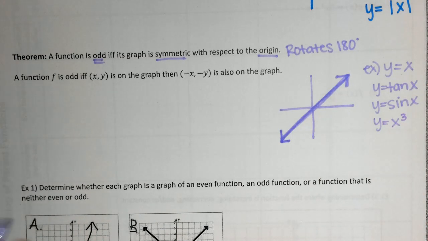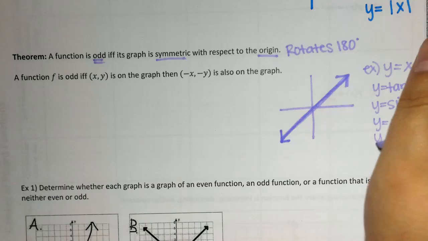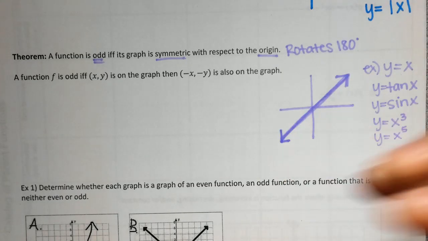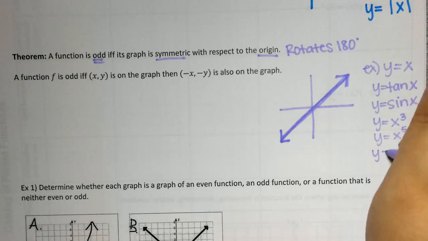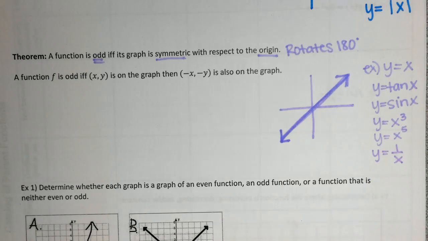You'll see that by looking at A in just a second on the bottom. The other one I want to write down, you could write down y equals x to the 5th, 7th, 11th. All of those are odd as well. And then y equals 1 over x. The rational function we talked about earlier with the asymptotes. If I were to turn it 180 degrees, you'd still get this.